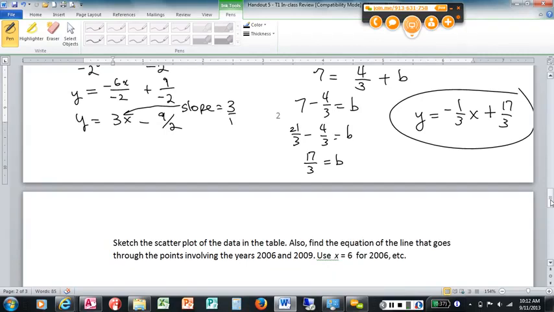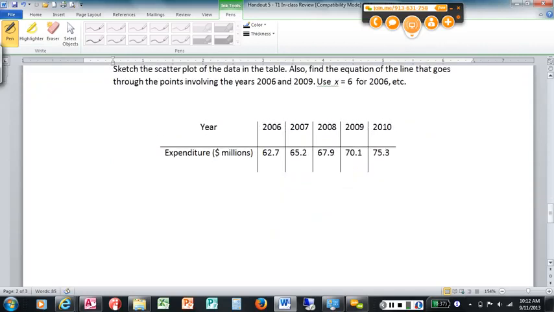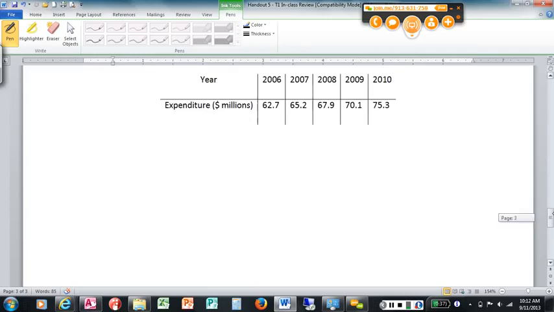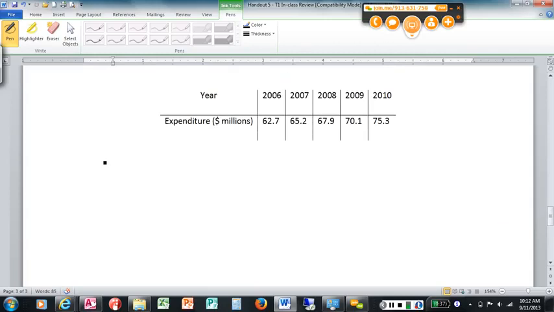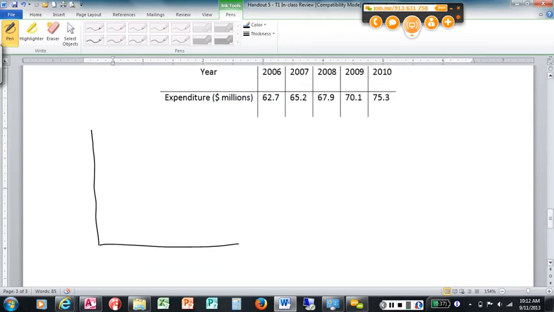All right, so yeah, we did these scatter plots. Here's our data. Got year and expenditure in millions. So the scatter plot is going to be one of these guys, right? All right, so we've got 2006.